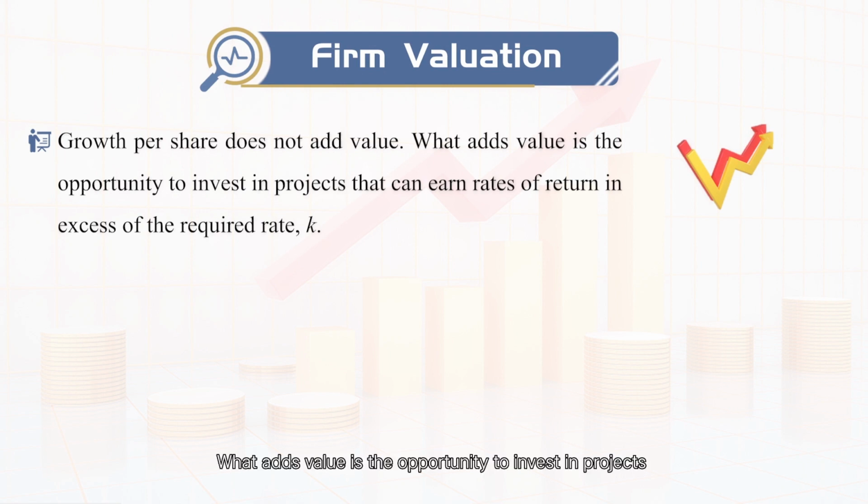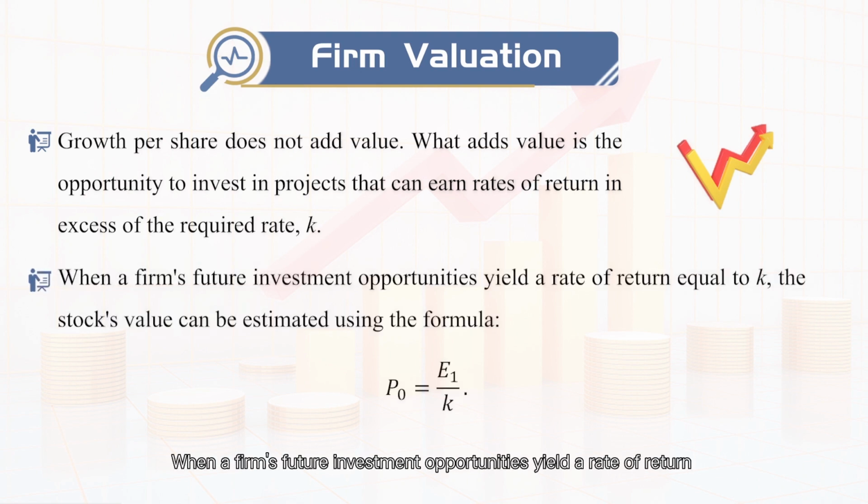What adds value is the opportunity to invest in projects that can earn rates of return in excess of the required rate k. When a firm's future investment opportunities yield a rate of return equal to k, the stock's value can be estimated using the formula P0 is equal to the current earnings E1 over the market capitalization rate k.